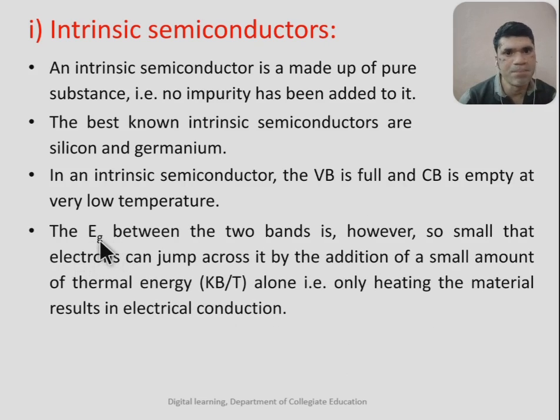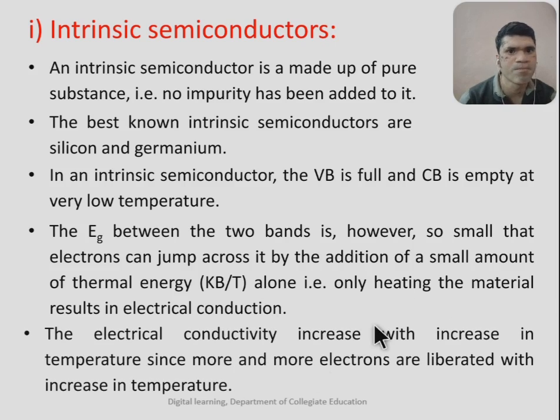The band gap between the two bands is, however, so small that electrons can jump across it by the addition of a small amount of thermal energy, which is kBT, where kB is the Boltzmann constant and T is temperature in Kelvin. Only heating the material results in electrical conduction. The electrical conductivity increases with increase in temperature, since more and more electrons are liberated with increase in temperature. So this is about intrinsic semiconductors.